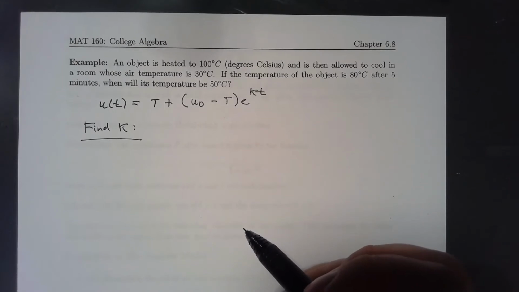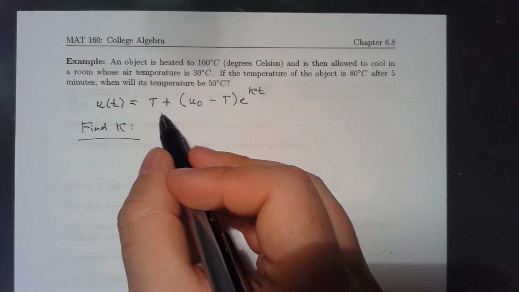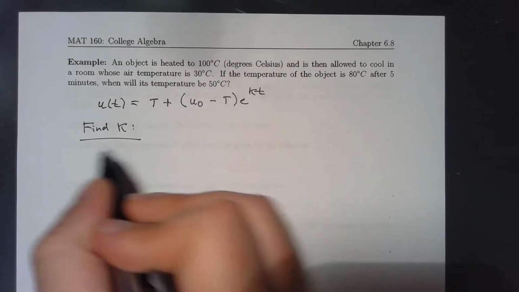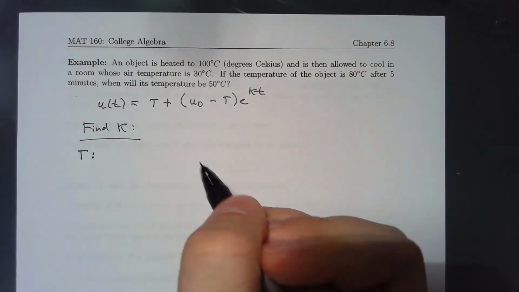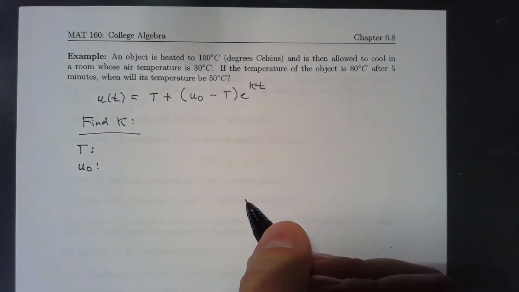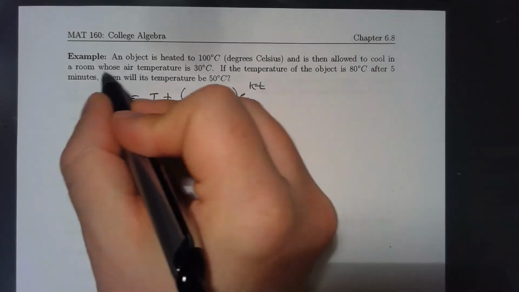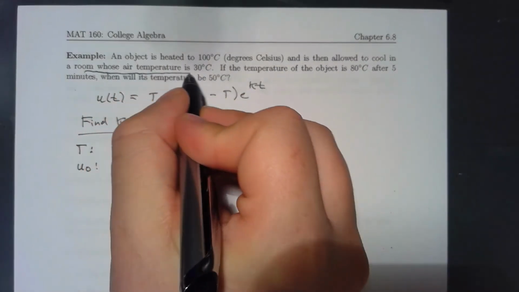So the object is heated to 100 degrees, so I need to find my information, right? The temperature of the environment, the initial temperature of the object. So what's the temperature of the environment? It's in a room whose air temperature is 30 degrees Celsius.